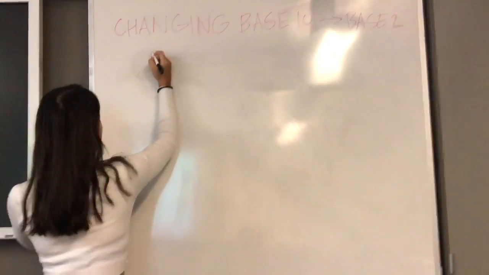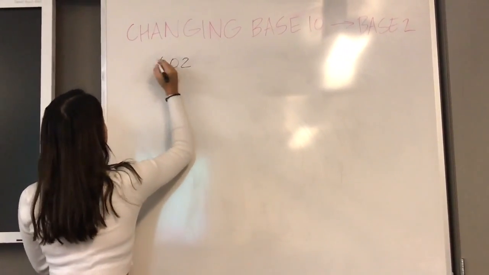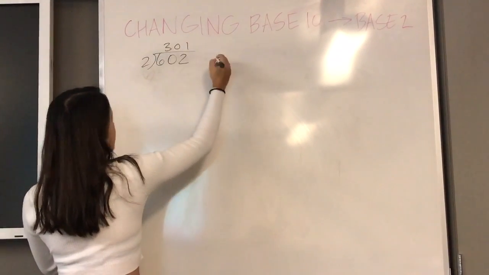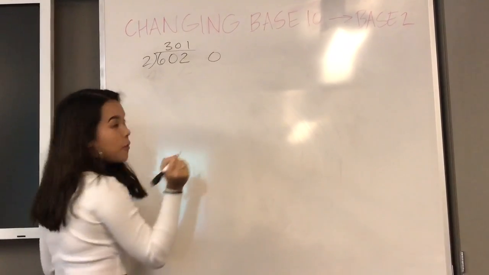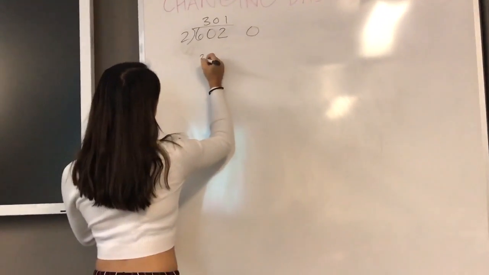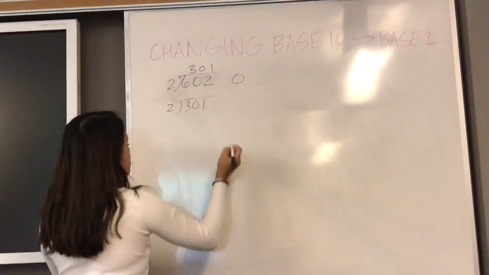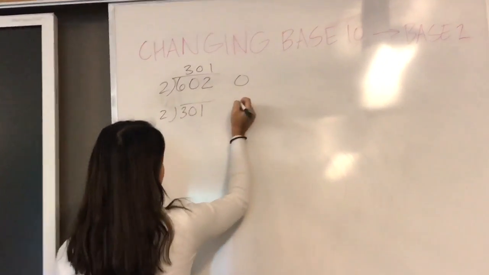Okay, 602 divided by 2 is 301, remainder 0. So then you do 301, take this one, and divide that by 2, and what's your remainder? 1.